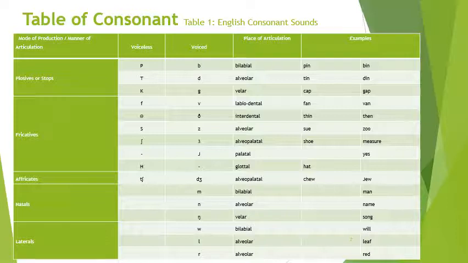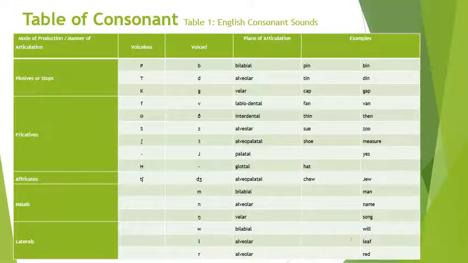And we can realize that in tin, din, and we have K, G. They are also plosives because we have complete release of air, and they are velar because the back of the tongue touches the velum, and they are realized in the words calf, gap, and while K is voiceless, G is voiced. That is, the vocal cords are compressed in its production.